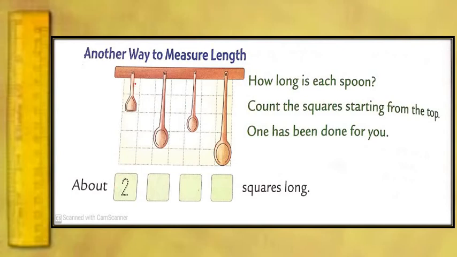This spoon is about 1 and 2 squares long. This spoon is about 1, 2, 3 and 4. About 4 squares long.